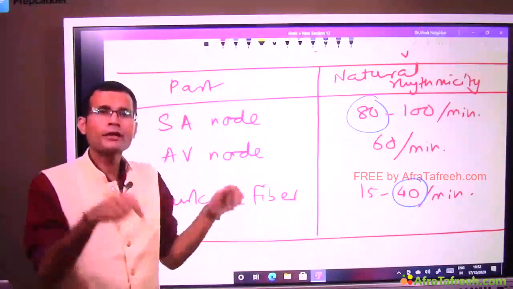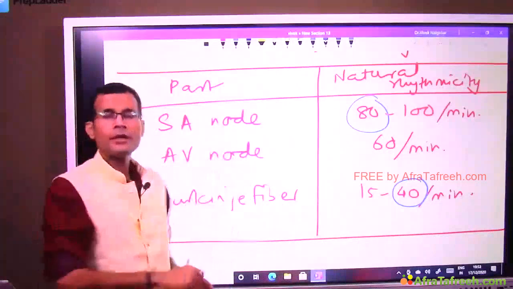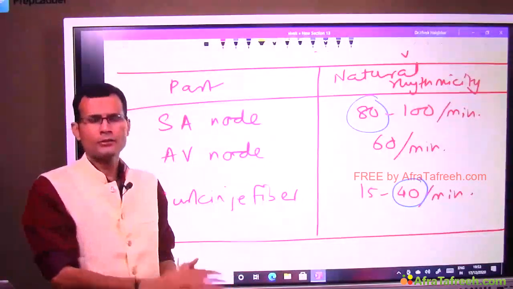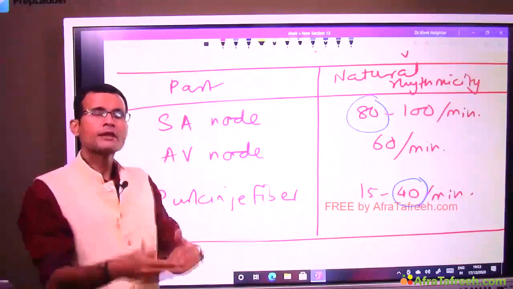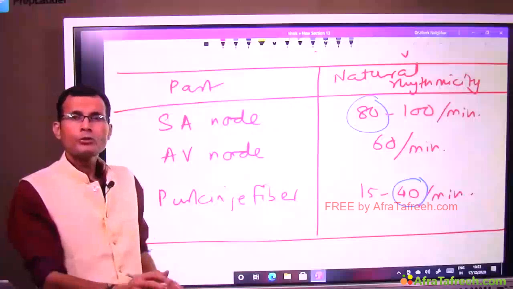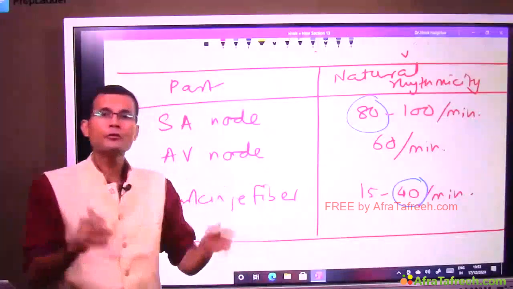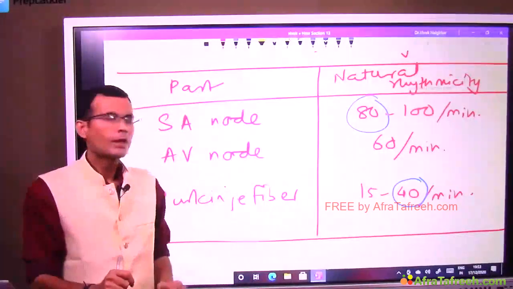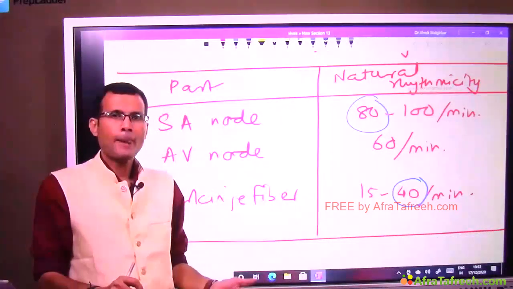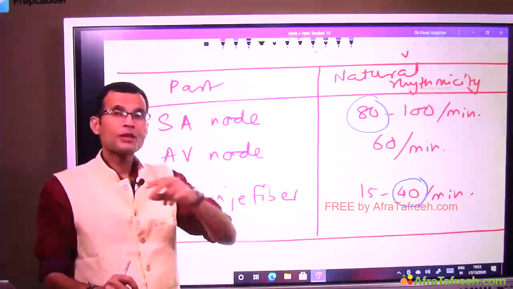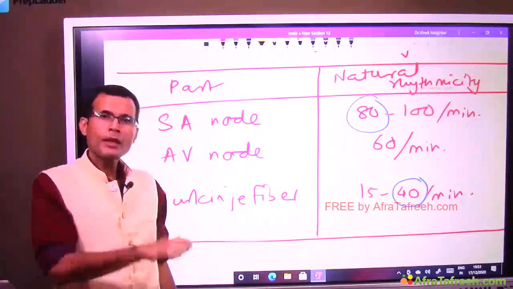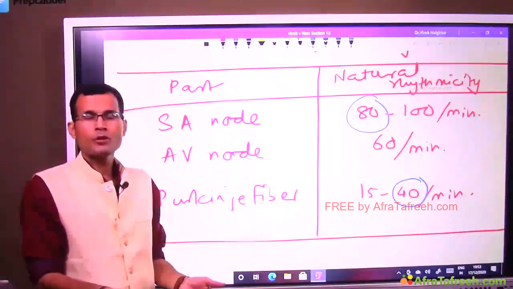But because vagus is innervating the SA node and vagus is hyperpolarizing the SA nodal cells to a certain extent, vagus releases acetylcholine and it is inhibitory to the heart, inhibitory to the SA node. So SA node slows down under the influence of vagal tone and it generates 70, 75 impulses per minute. If there is cardiac denervation, that means vagus nerve was cut, then the SA node will come out of that influence.